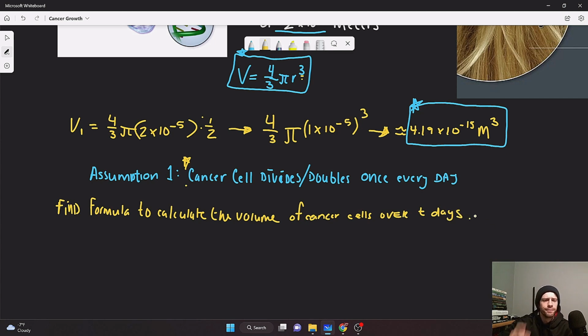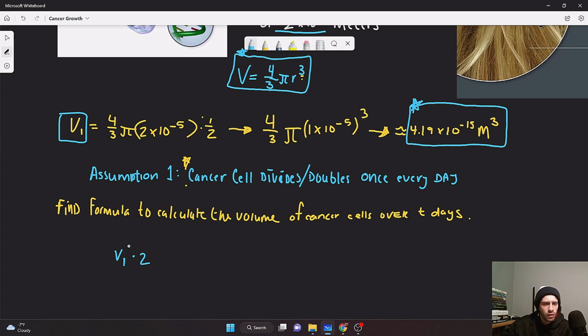That formula, we can take our V1, because that's the volume of a single cancer cell, and we can just multiply that by 2, right?